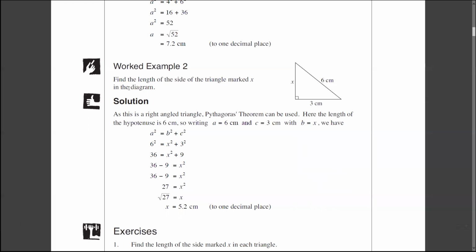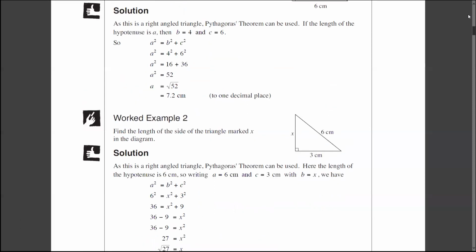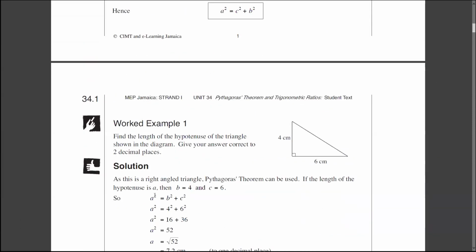Right here, find the length of the side of the triangle marked x in the diagram. Before, we were asked to find the hypotenuse, but now they're asking us to find this length x. So it's the same formula that you would apply. You just need to recognize the positioning of what's going on. A, in this case, would be the hypotenuse.